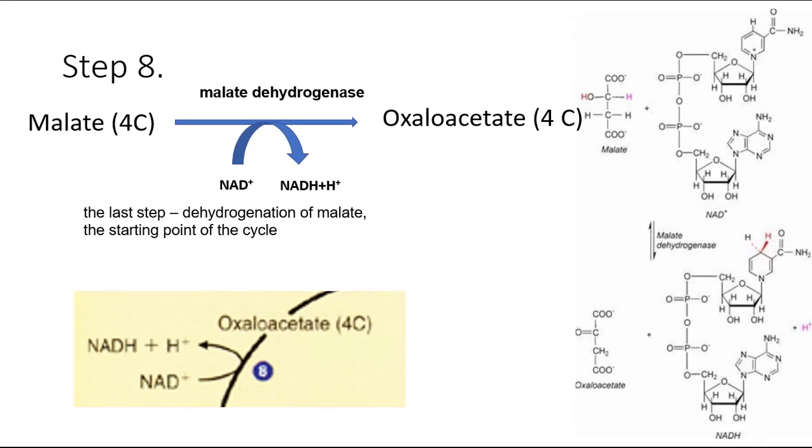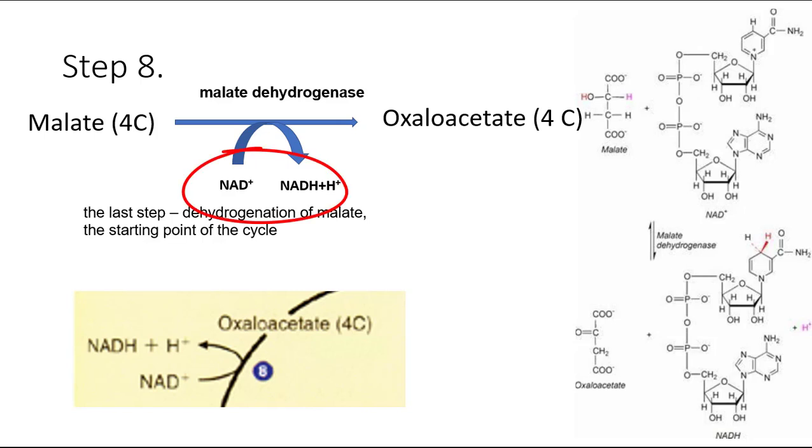Reaction 8 is the final reaction of the TCA cycle, where oxaloacetate is produced via malate dehydrogenase. Oxidation-reduction is involved here, and 2 electrons and 2 protons are removed from malate oxidation and used in the reduction of NAD plus to NADH plus proton.